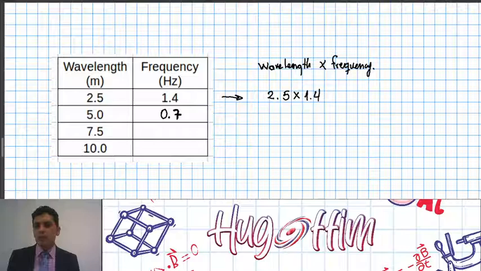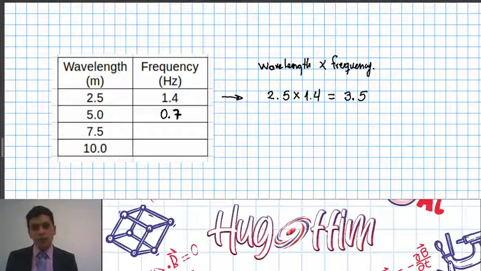2.5 times 1.4 gets you 3.5. Okay, we're going to set the units, sorry. So 2.5 meters times 1.4 hertz gets you meters times hertz.